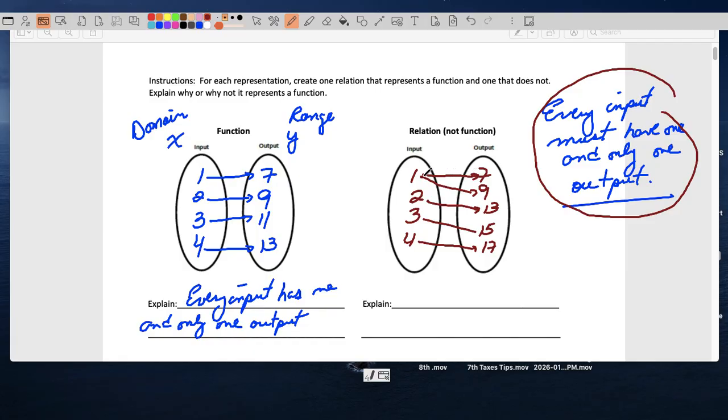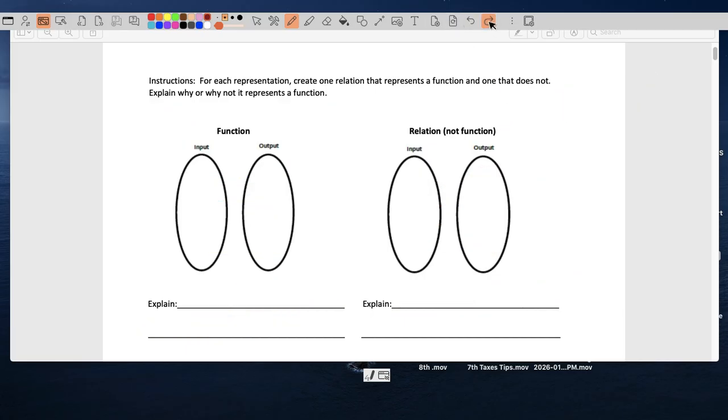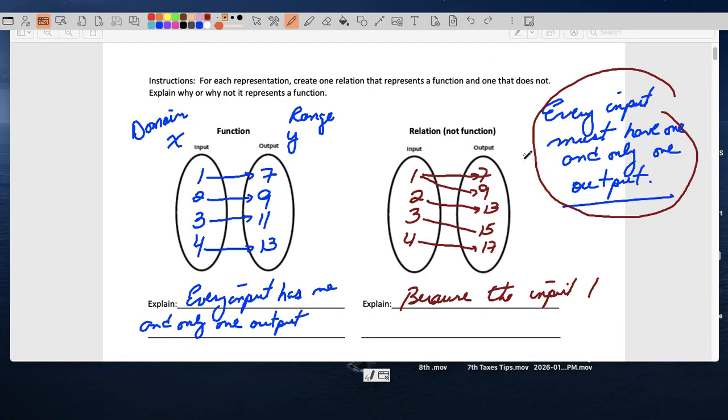So the problem here is that 1 has two outputs, 7 and 9. So not a function, because the input 1, or the x value 1, has two outputs, right?